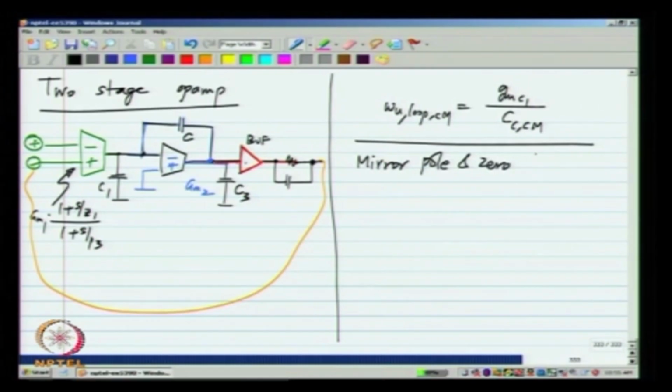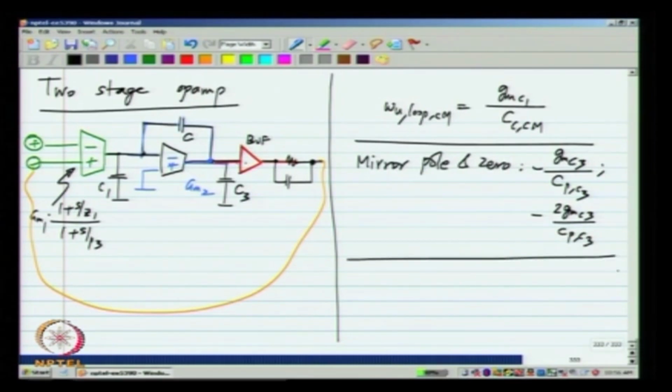Okay. Now, there are a number of poles and zeros. So, we will have the mirror pole and 0 due to the first stage, it will be at GMC3 divided by some parasitic capacitance associated with that, that is where the pole is, and the 0 will be at twice that value. Okay. All these results you can recall from earlier analysis of the single stage op amp.